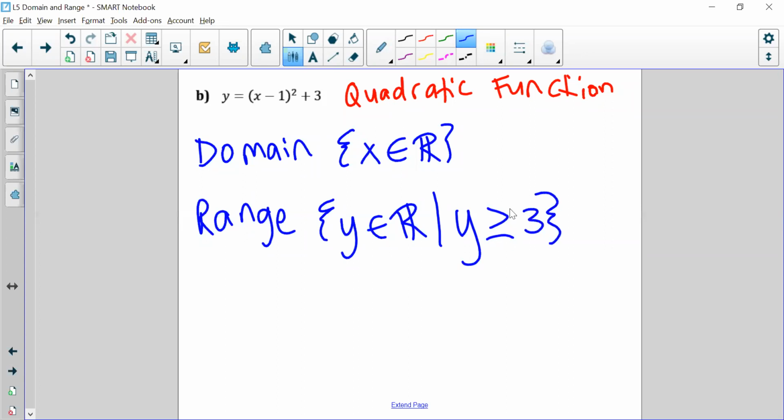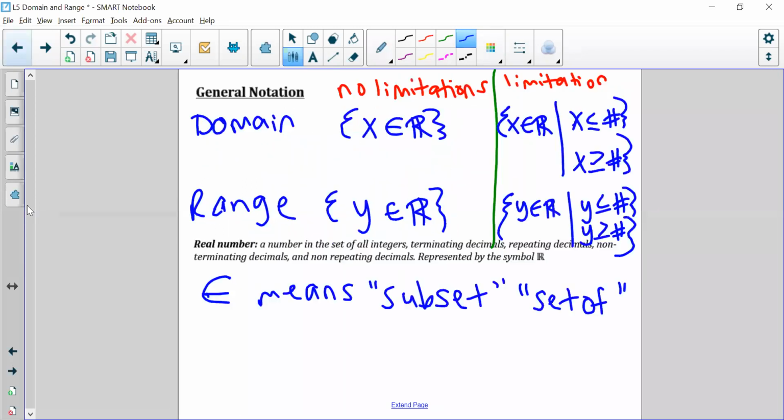That means it's 3 and everything bigger. Questions? I'm going to put here, this is greater, because often I find we forget which one's which, and this is less.